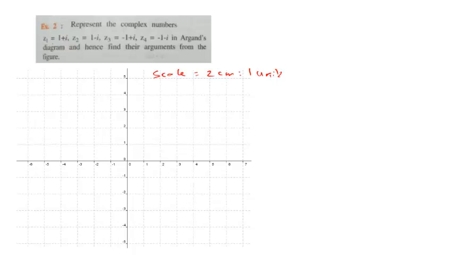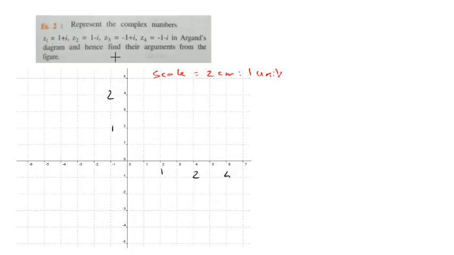the xy plane, let us represent the first complex number, that is 1 plus i. So for z1 = 1 plus i, on the x-axis this will be 1, this will be 2, this will be 4, and here it will be 1, 2.